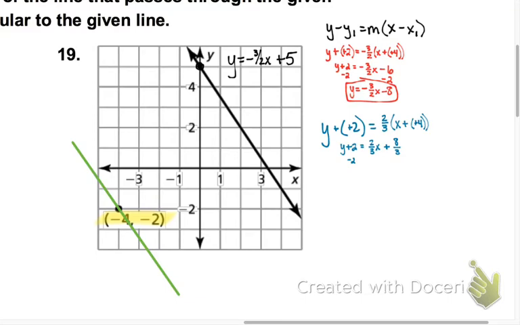Well, 2 over 1, but it has to have a denominator of 3. So 6 over 3, right? So 6 over 3 is the same thing as minus 2. So the equation of my perpendicular line is going to be y equals 2/3 x plus 2/3.